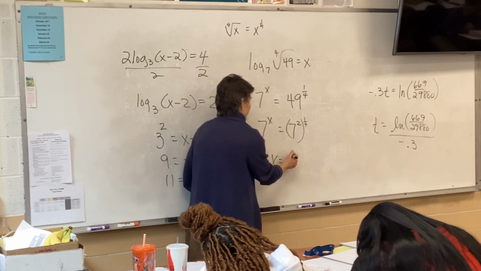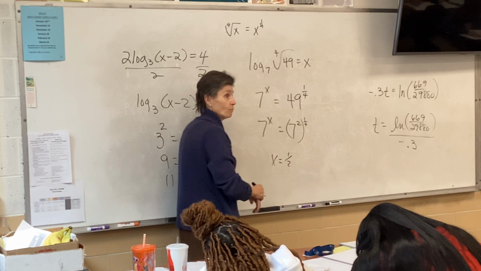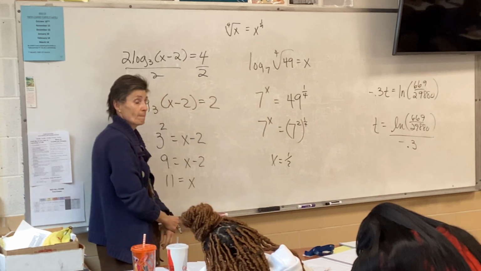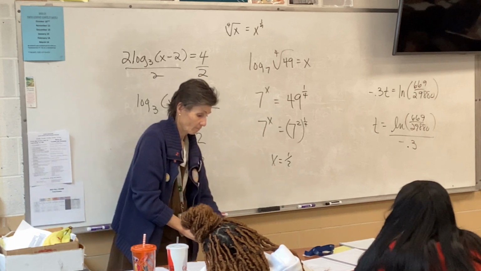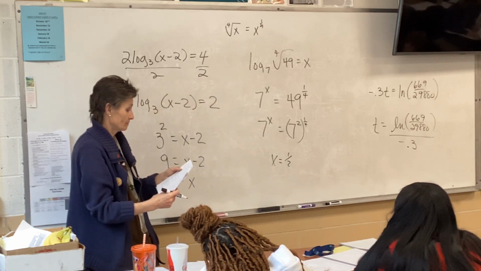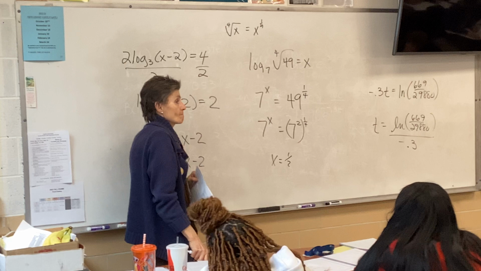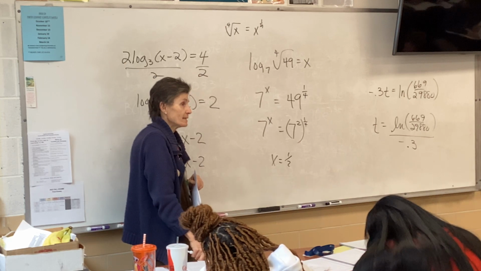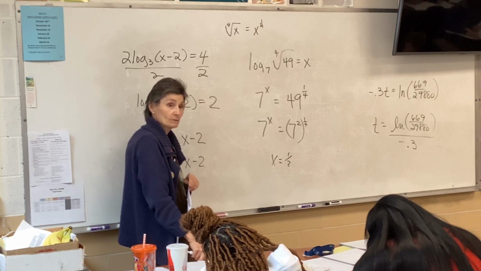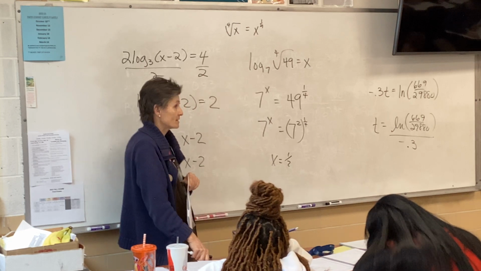So x equals 1/2, 2 times 1/4, 2/4, 1/2. So what was the key there? We had to get rid of the radical first. The radical needed to be written as an exponent. And then we had to make the bases match, 7 and 7.